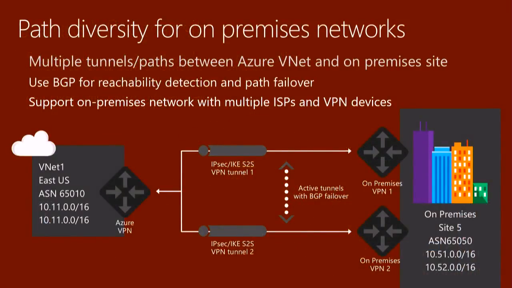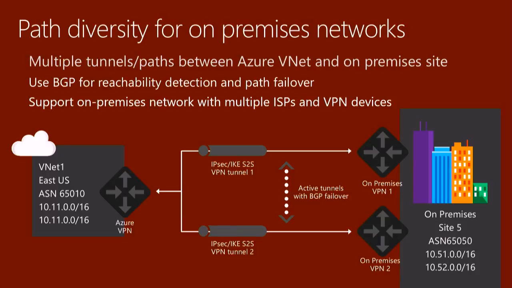Another thing these customers commonly say is, I want to connect, but at the same time I can't depend on one internet connection. I have two internet connections, and I want to be able to use both of them to connect to my VNets in the cloud. Can VPN do that? Yes, the VPN will be able to connect to your Azure VNets through, maybe, two ISP connections to the internet.